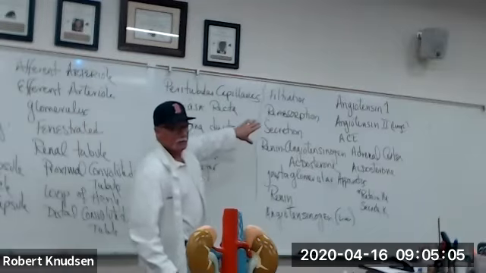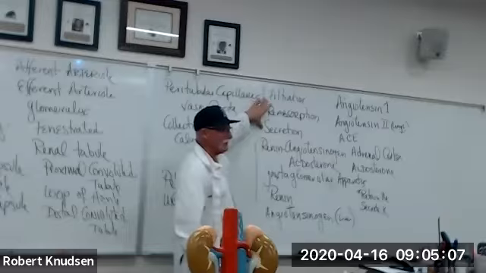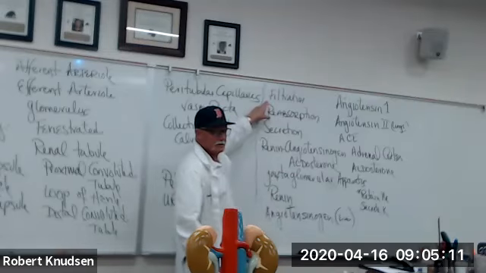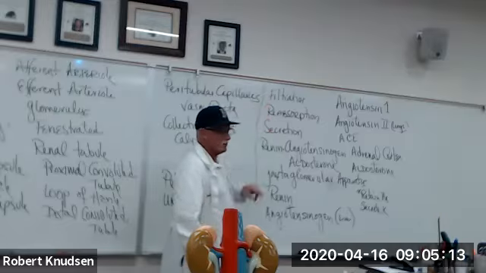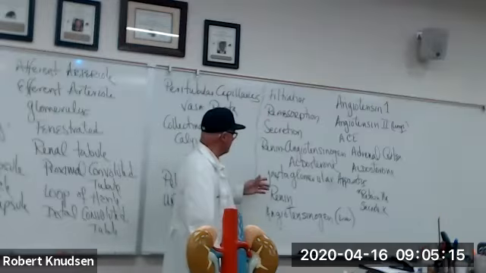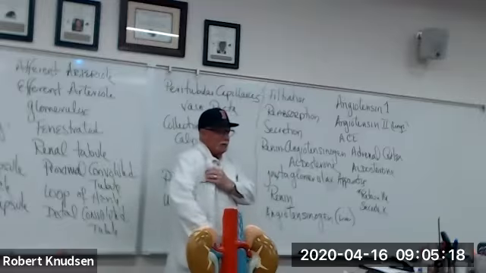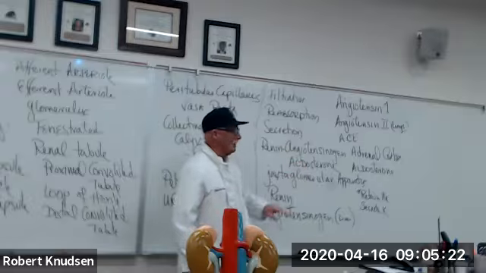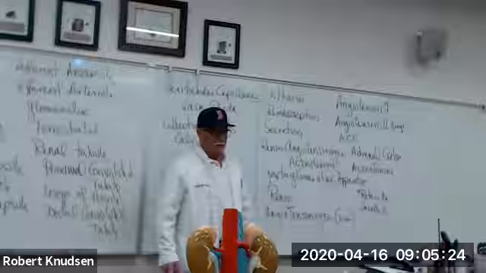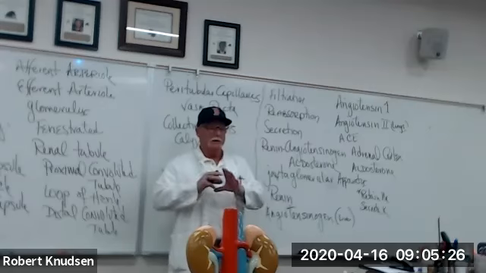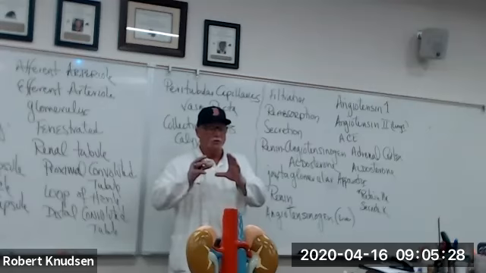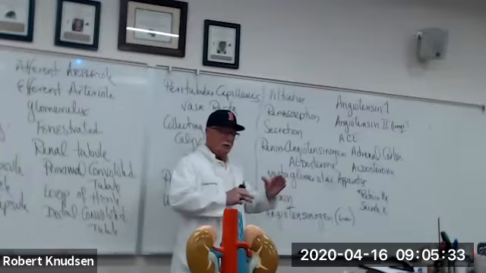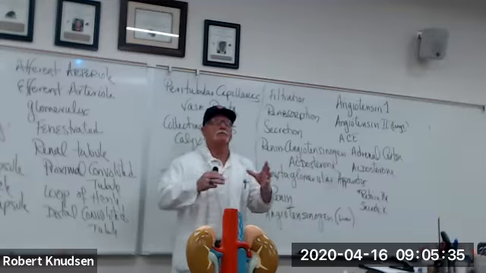And then over here, we're going to talk about three real important terms in the physiology of how the kidney works: filtration, reabsorption, and secretion. And I'll give you a definition of that. And then we'll do a little physiology of the Renin-Angiotensin-Aldosterone System. Aldosterone is a hormone. You want aldosterone to help you with blood volume.